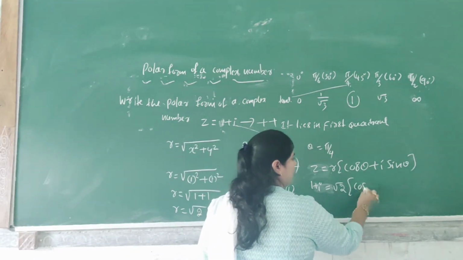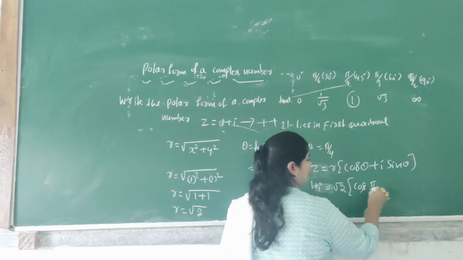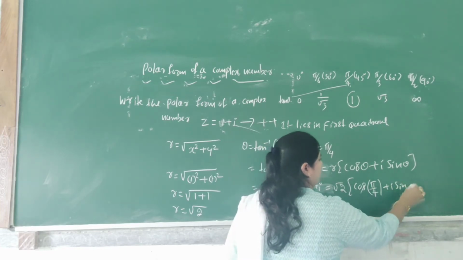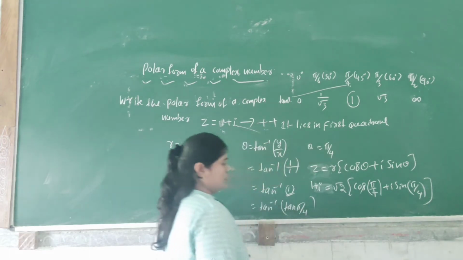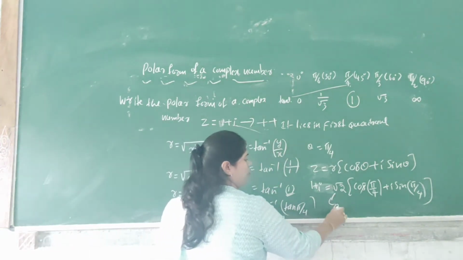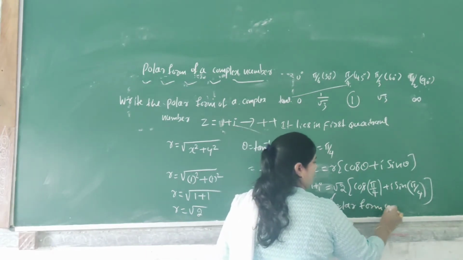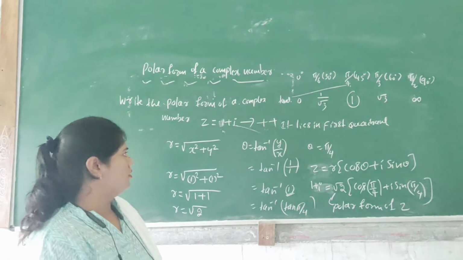Theta, the amplitude, is pi by 4. So z is root 2 of cos pi by 4 plus i sin pi by 4. This is the polar form of the complex number z.